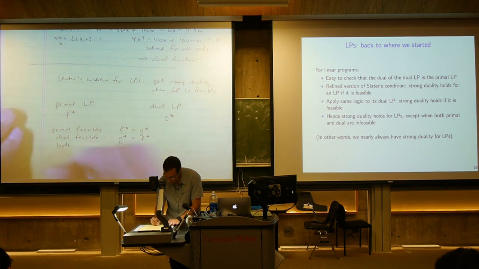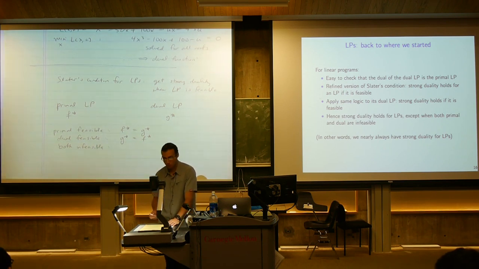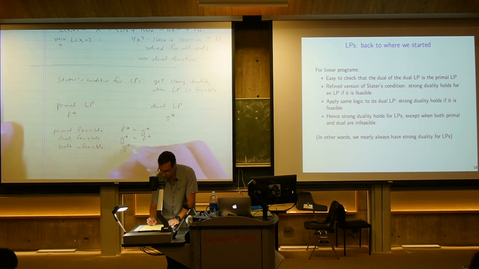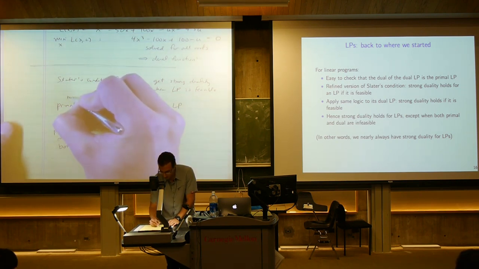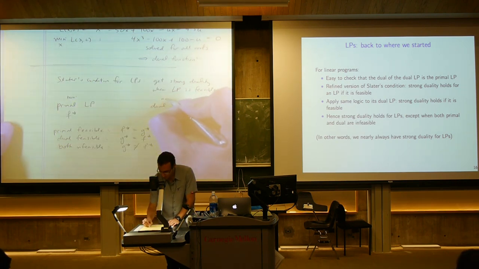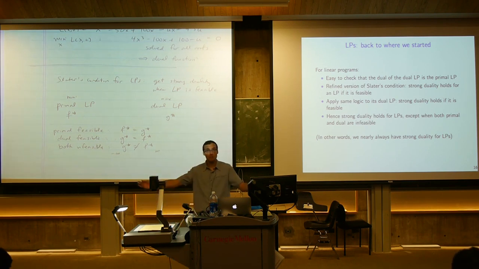If they're both infeasible, that's the only case we haven't considered yet, then they're not equal. In fact, what are they when they're both infeasible? If we write this as a min, say, and this is a max, then this guy is going to be equal to infinity, and this guy is equal to negative infinity. So the duality gap is as large as possible, right?